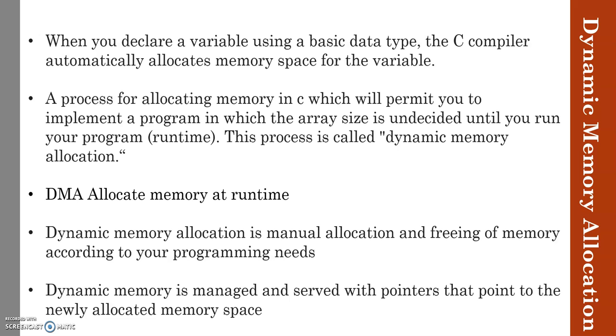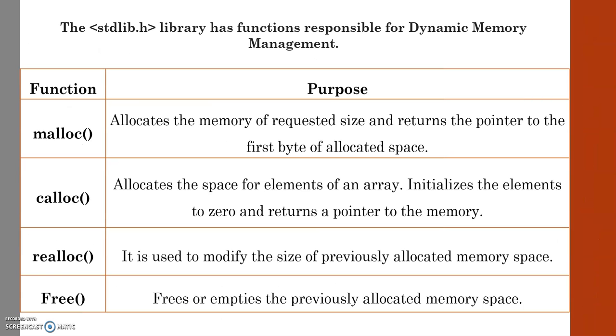These are the two important words, undecided and runtime, right? These two things we need to keep in mind. And also we can allocate the memory as well as free the memory, so ultimately we can manipulate the size. So today we discuss the functions which are responsible for dynamic memory allocation.